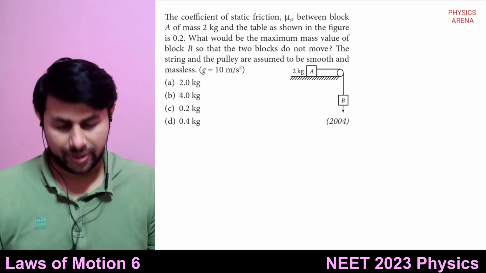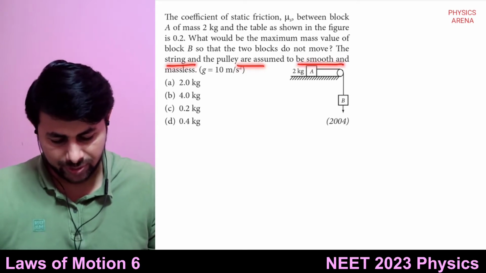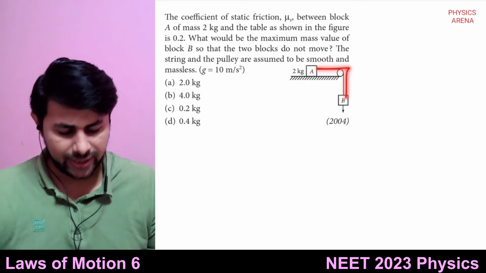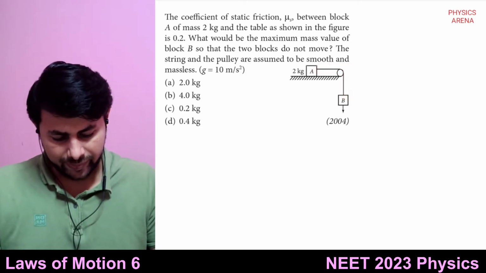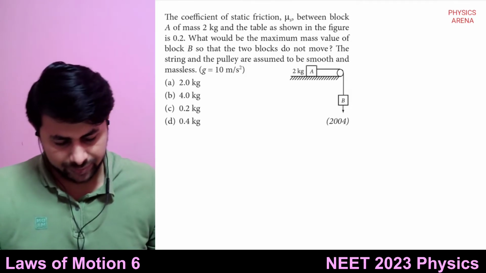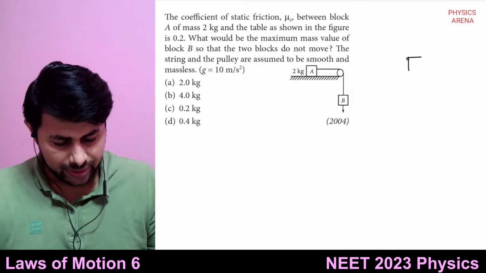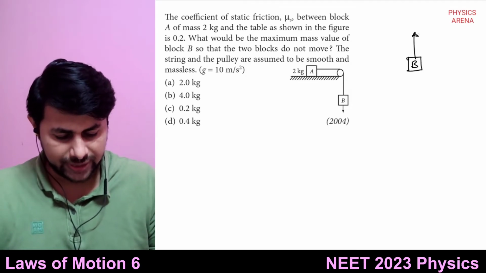Okay, they are not moving. The string and the pulley are assumed to be smooth and massless. So this is again a simple question, right? If you think about this block B, it's not moving. That means what are the forces acting on it?